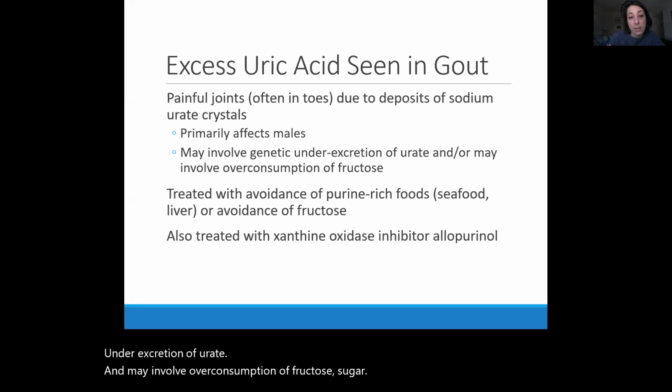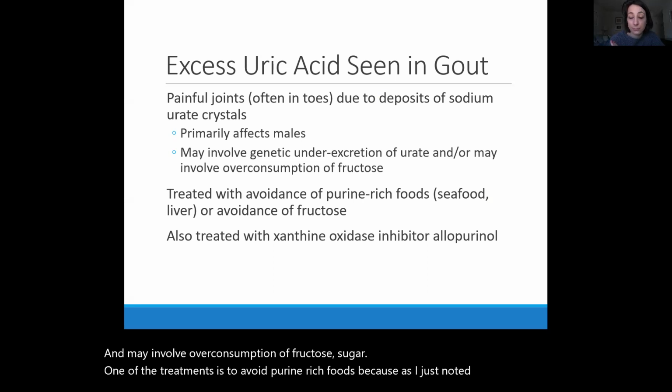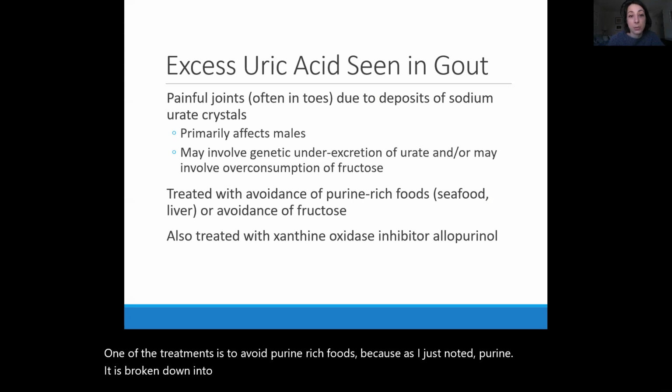One of the treatments is to avoid purine-rich foods because, as I just noted, purine is broken down into uric acid. So to limit the production of uric acid, purine-rich foods such as seafood and liver, if you were to eat something like pate, have to be avoided.